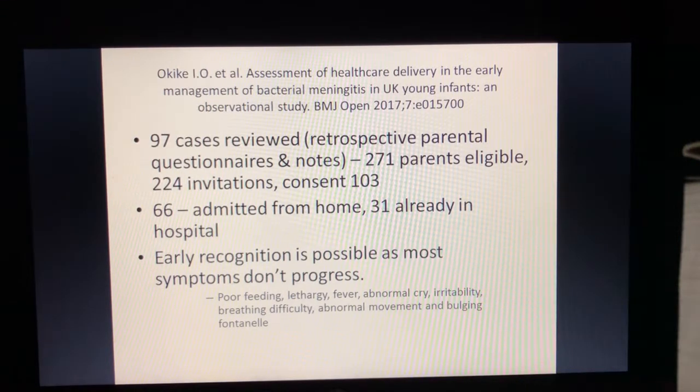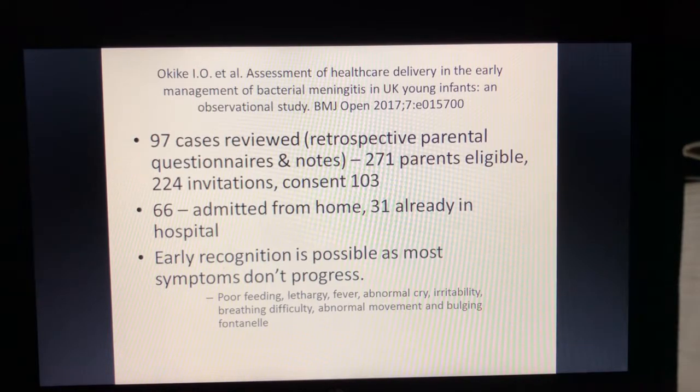So this is under the banner of an assessment of healthcare delivery, and 97 cases where they had both parental questionnaire results and notes available were reviewed. 66 of these babies were admitted from home, and 31 were already in hospital when the diagnosis of meningitis was made.